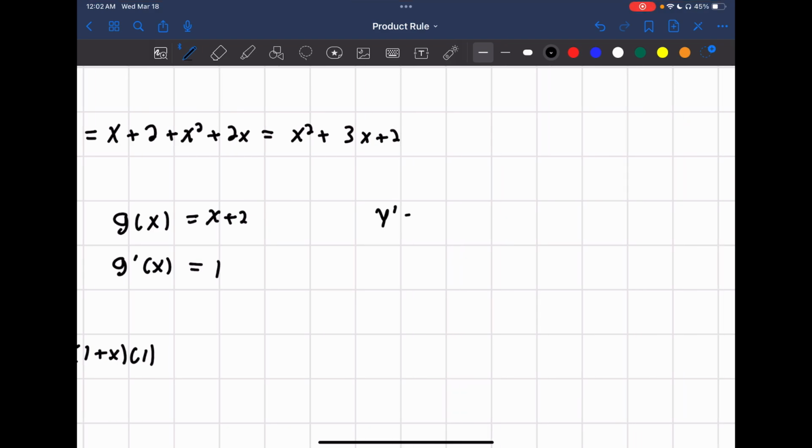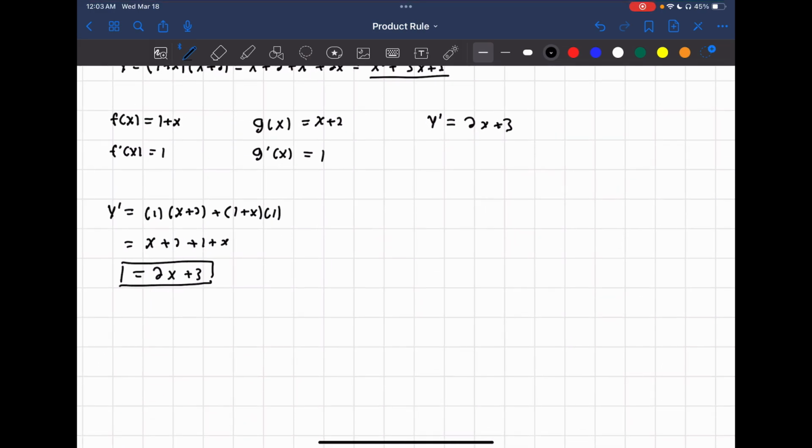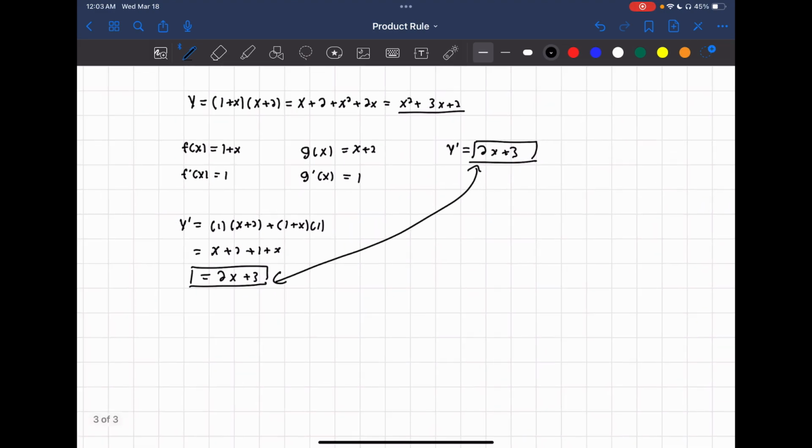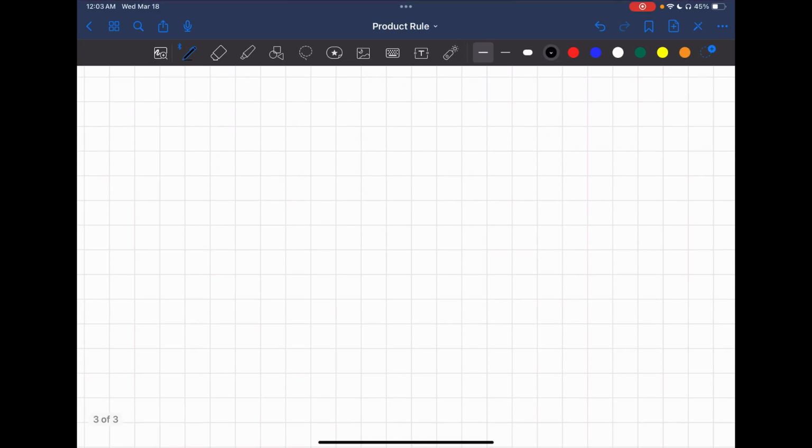So the derivative of this will be 2x plus 3, which you can see is equal to this. So these are the same results, but using the product rule is just a different way to do it.